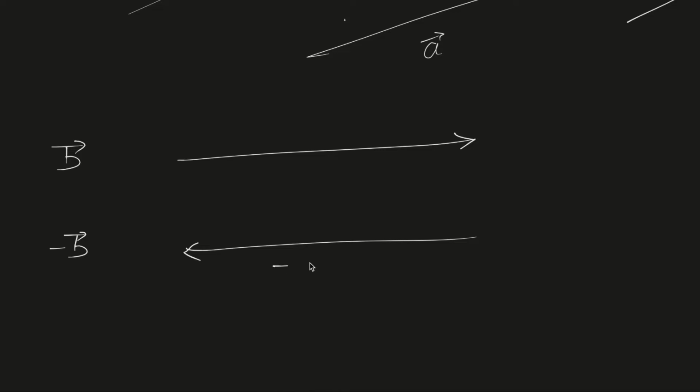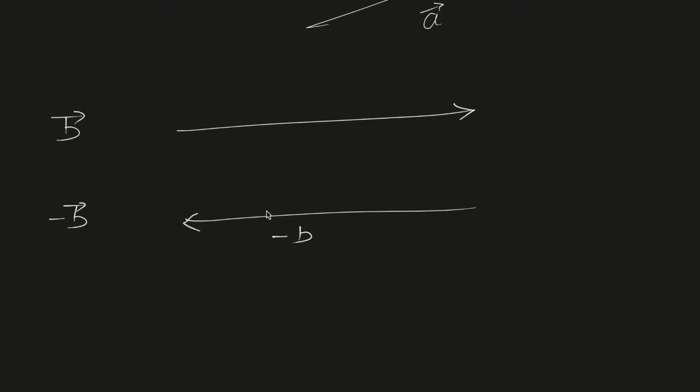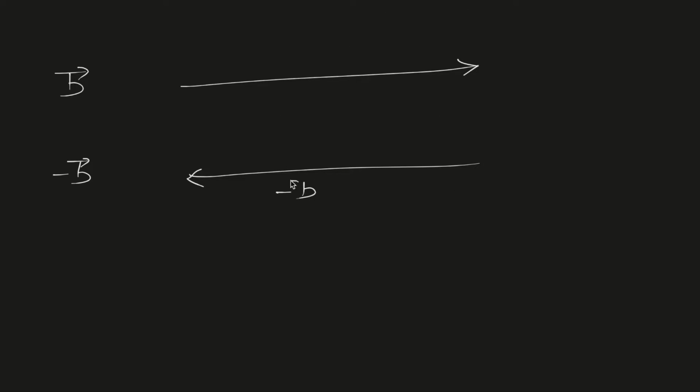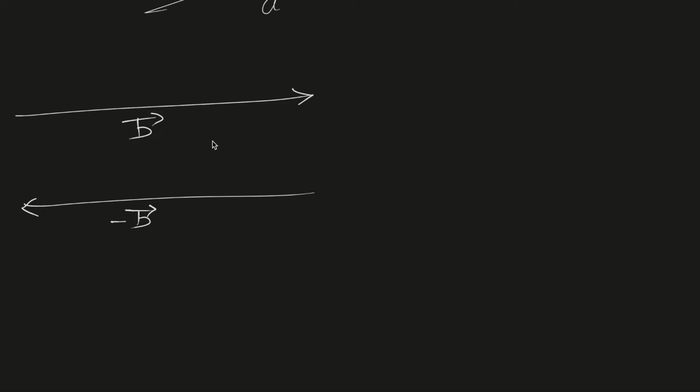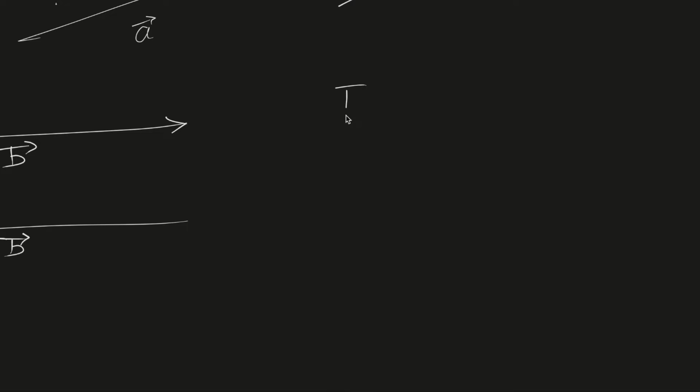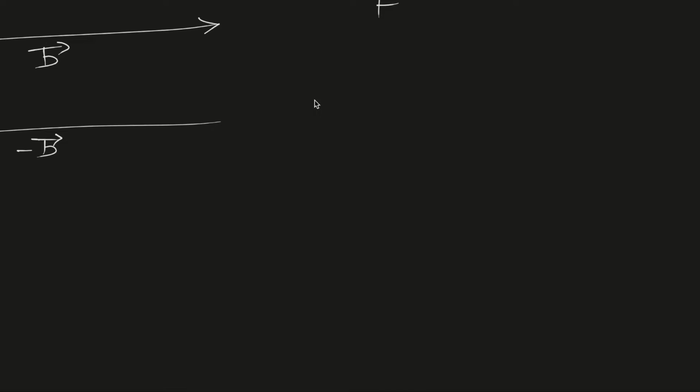This is known as minus b. Magnitude should be the same, take care of it, and you just have to flip the vector. This is the minus b vector, and this is the b vector. If it is any vector quantity, we place a vector sign, an arrow sign, on that quantity that we are observing.